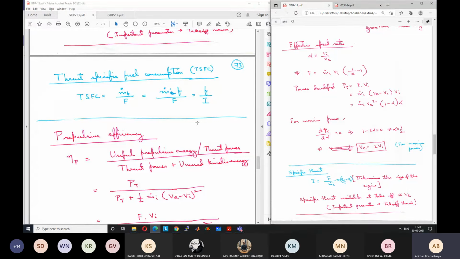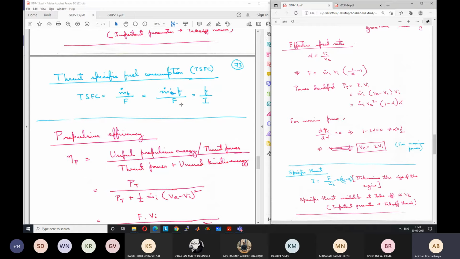So all these important parameters need to be calculated when we design a jet engine. This is true whether it's a turbojet engine, turbofan, turboprop, ramjet, scramjet, whatever the engine. These are important parameters which characterize the performance of the engine. And there are some design parameters.